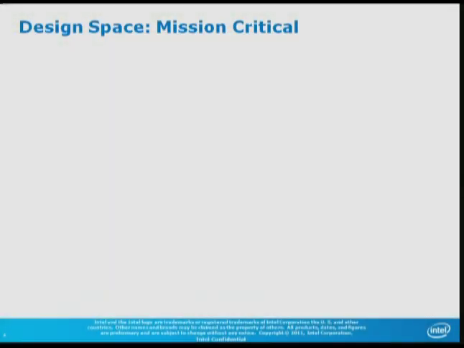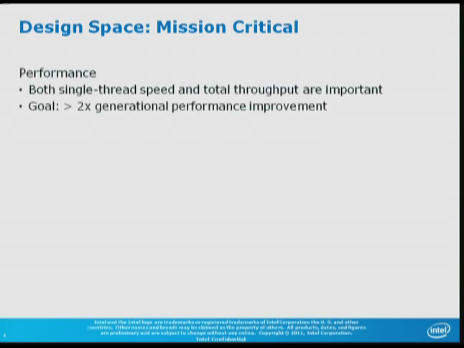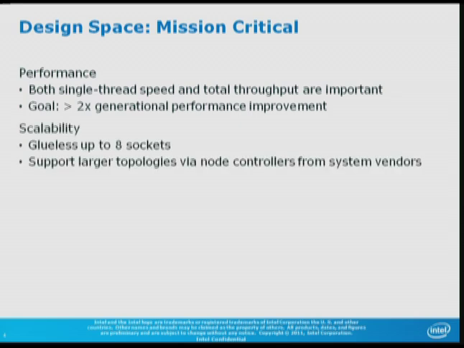Our design space is what Intel terms the mission-critical market segment. What is mission-critical? Well, clearly it's performance. Both single-thread and multi-thread or throughput performance are very important. Our goal for Poulson was to achieve at least a 2x speed up over the prior generation of Itanium processor. But it's not just performance, it's also scalability.